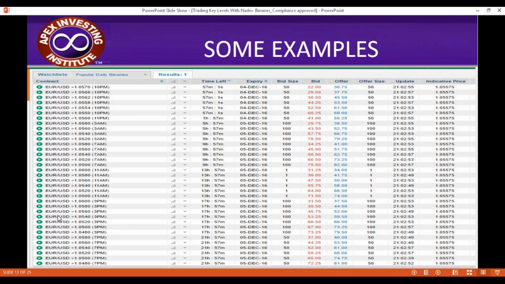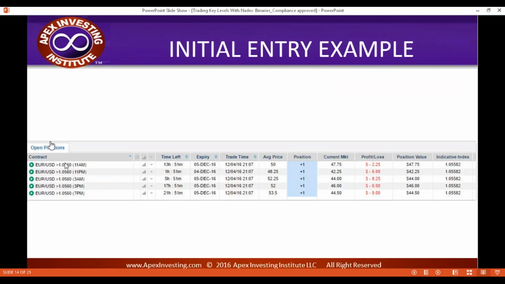All right, this is the euro dollar. I pulled up a bunch of different expirations on the euro dollar from 10 p.m., 3 a.m., 11 a.m., 3, all the different dailies, right? And then notice I went in demo and I bought, during this example, the same strikes. See this strike, 0560?